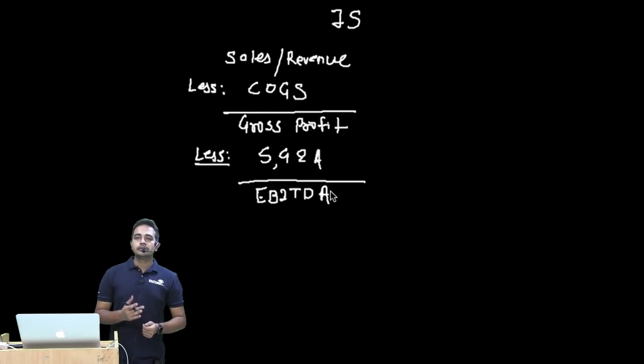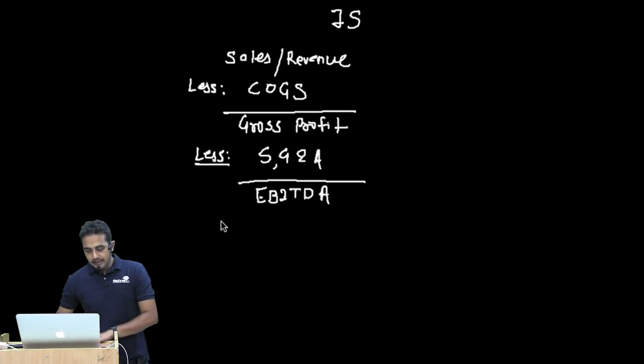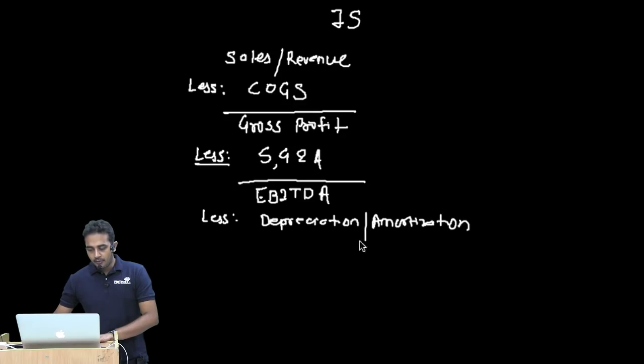EBITDA stands for earnings before interest, tax, depreciation and amortization. Then less, tell me, depreciation or amortization.